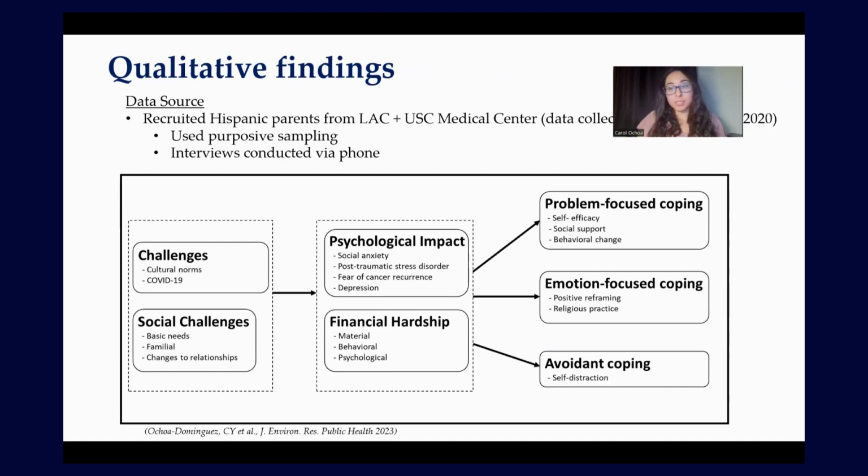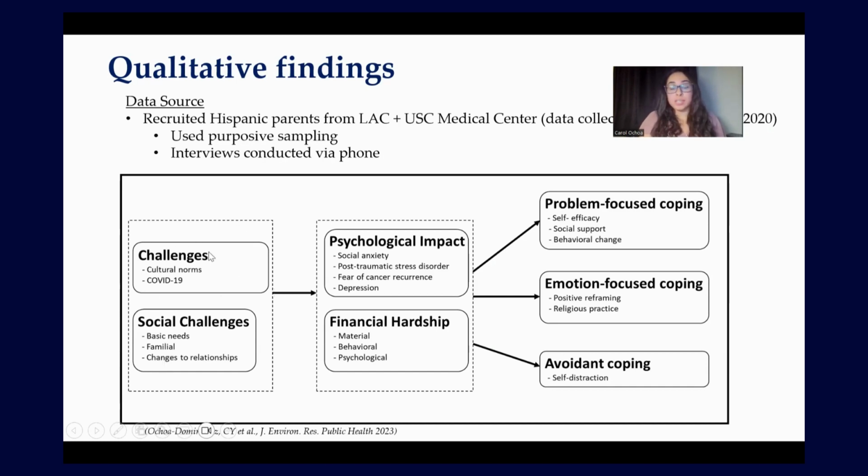In some of the qualitative work that I've done, recruiting Hispanic parents from LA County USC Medical Center, which is a safety net hospital that primarily sees vulnerable populations, meaning those who have low socioeconomic status and who tend to be underinsured, we developed a conceptual model.